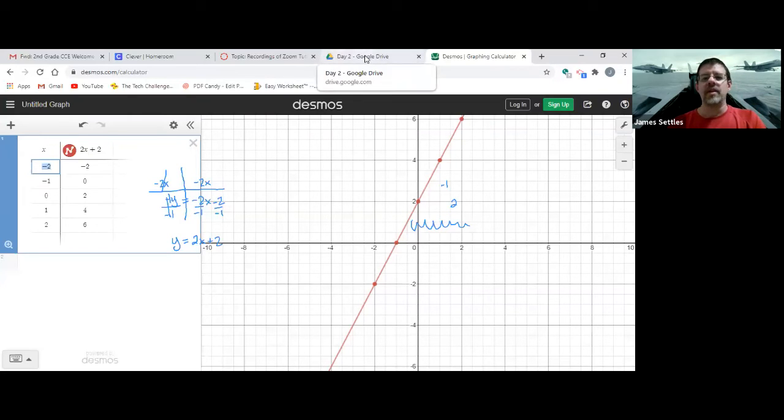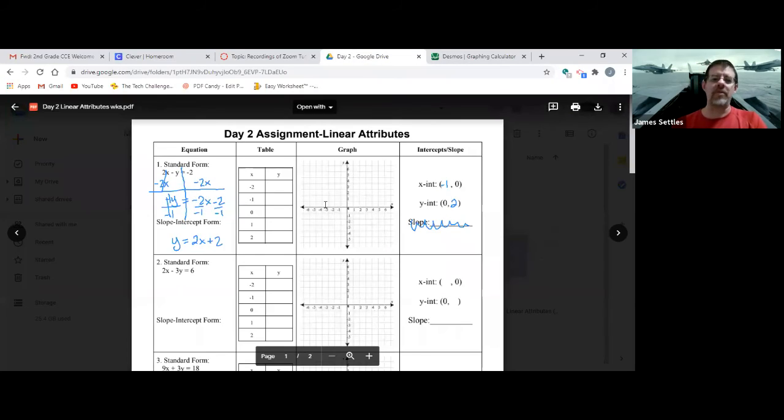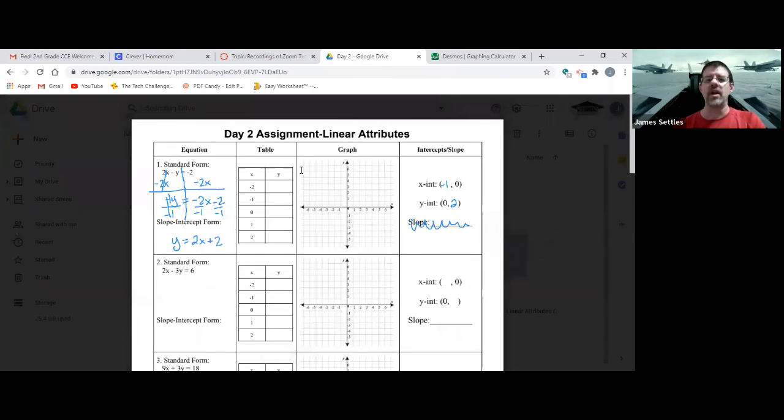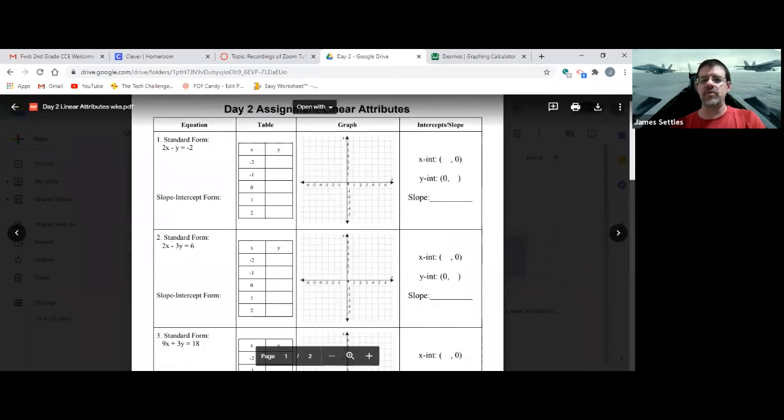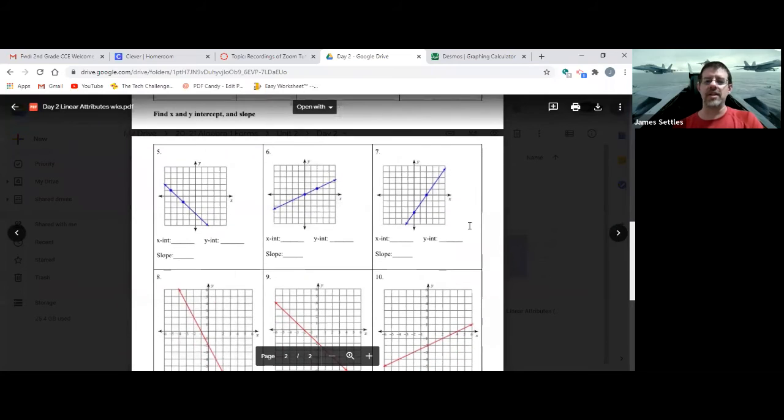All right, so that's the main part of what you're going to be doing today. You'll do this throughout the rest of the worksheet. Then on the other side of the worksheet, it gets even easier. We're still not doing slope on any of these. I just want you to find the X and Y intercept. Now, these three are a little bit tougher than the rest, because for the rest of these, you can see the numbers.